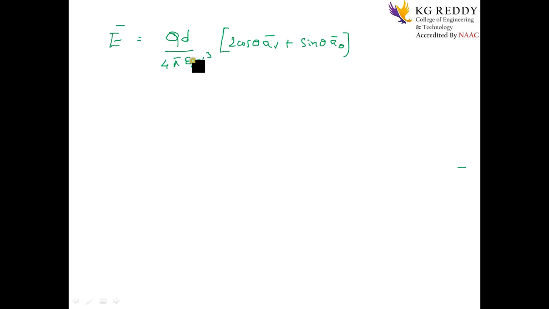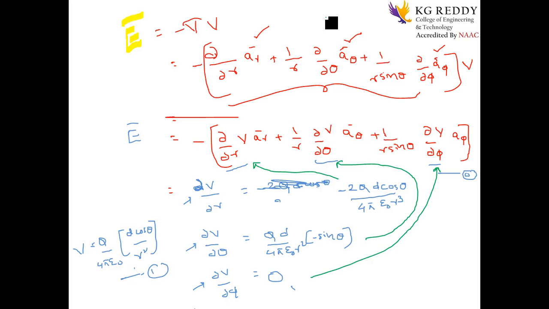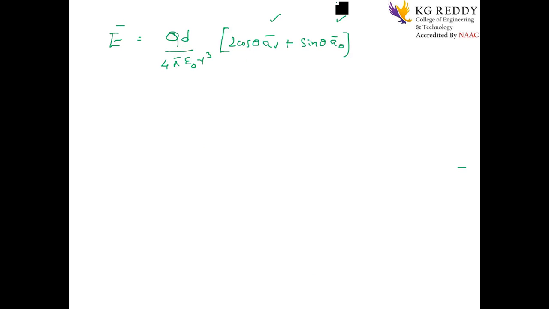This is the final equation, and you can't find a phi because dou V by dou phi we already got as 0. You get the unit vectors a r and a theta because from dou V by dou r and dou V by dou theta you are getting specific values, as you are doing the partial derivatives of the absolute potential. But for the third one, you don't have any phi parameter, hence you will be getting 0. So in the final equation, you can't observe the unit vector a phi.